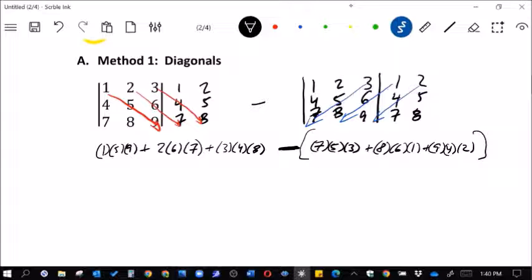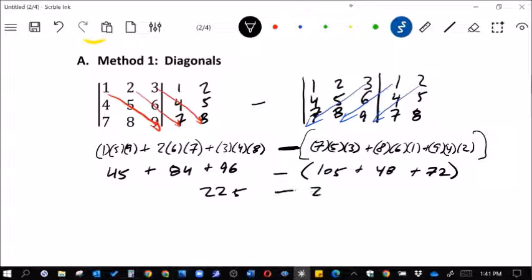So now this first one becomes 45 plus 84, 12 times 7, 84, plus 12 times 8 is 96, minus 35, 15, 105, plus 48, plus 72. This is 225, take away 225, so the determinant is 0.